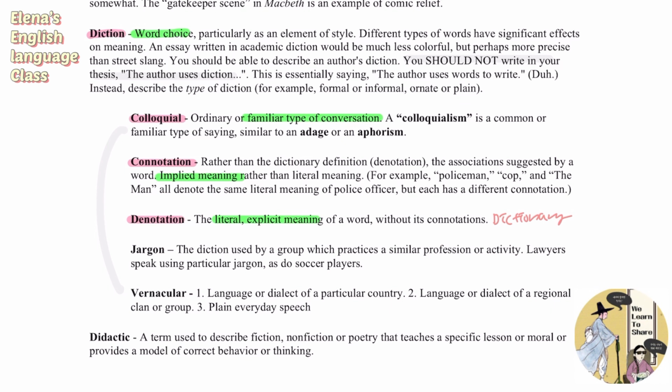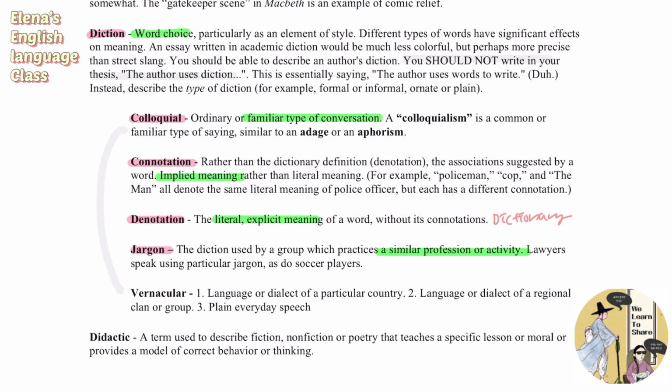So you can see how connotation is about the implied meaning, not the literal meaning like the denotation of a word. Next, we're going to look at jargon, which is the diction used by a group which practices a similar profession or activity. You can see how lawyers speak using particular jargon, as do soccer players. It's a professional word that a certain group of people with a similar professional activity use.